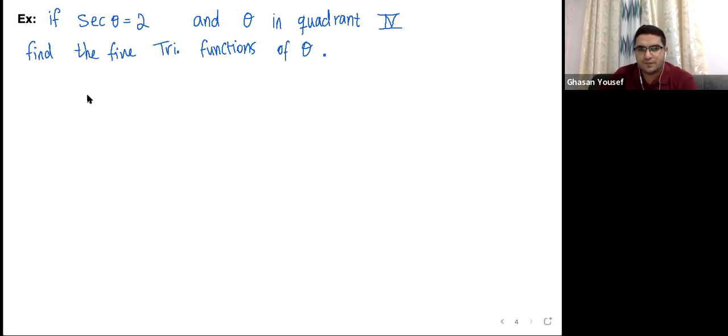Okay, so first of all, we have the secant of theta equal to 2. Second, we know the location of this angle: it's in the 4th quadrant.